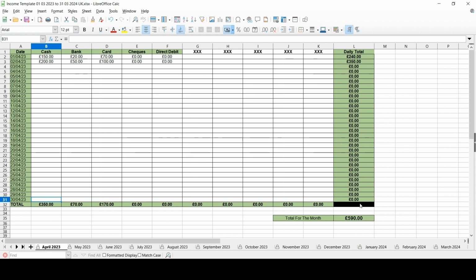So basically, by analyzing the income you earn each month, you can understand which month was better and which month was worse. So you can use this data to improve your marketing to increase your income. Also, by having a daily total income, you can see which day you had more and which day you had less.